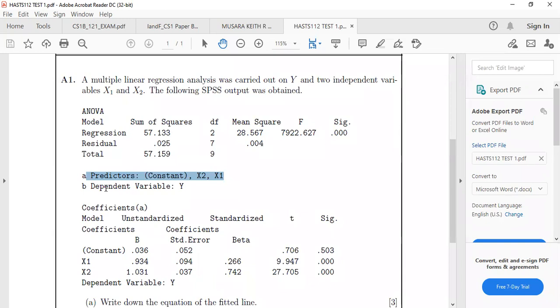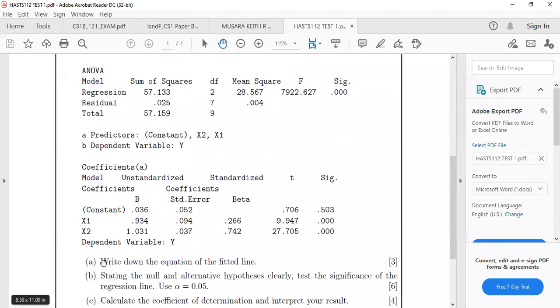In some fields, they call them covariates. So it's either predictors, covariates, explanatory variables, independent variables. We have the constant, which is the intercept, and we've got x2 and x1. Then we've got our dependent variable being what? Being y. Since you've got more than one independent variable, this is a multiple linear regression, since that's what you have learned.